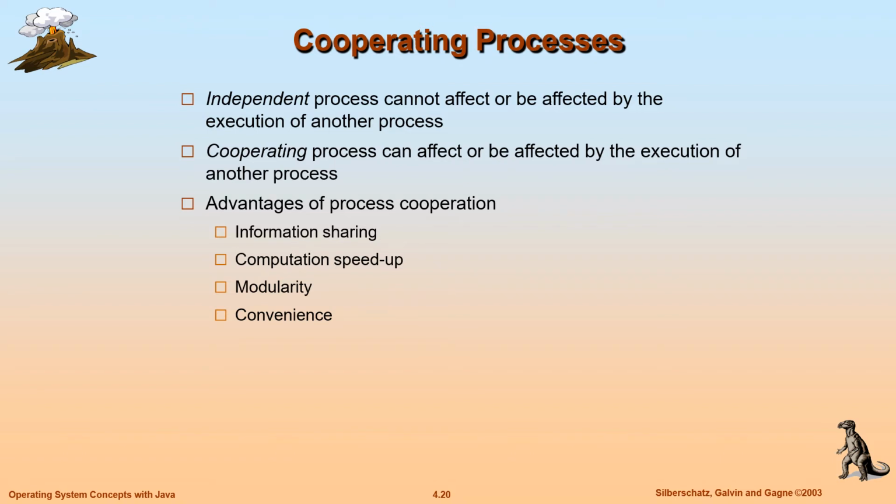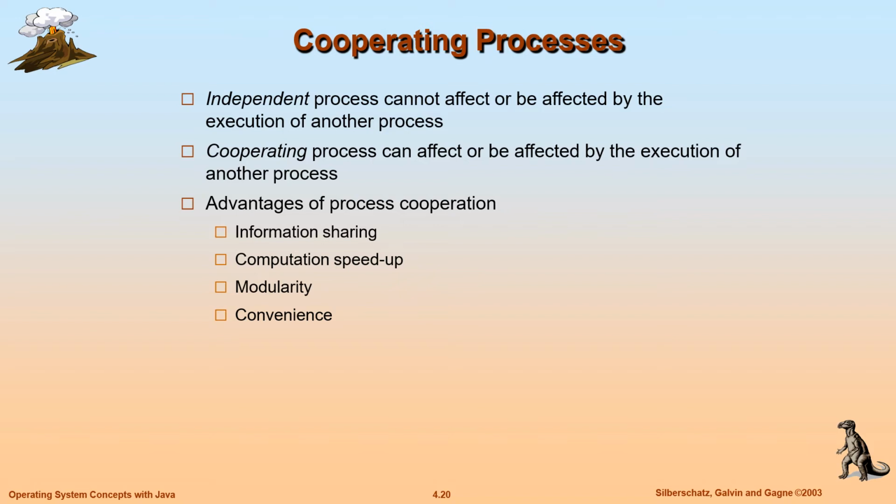Processes executing concurrently in the operating system may be either independent processes or cooperating processes. A process is independent if it cannot affect or be affected by the other processes executing in the system. Any process that does not share data with any other process is called an independent process.